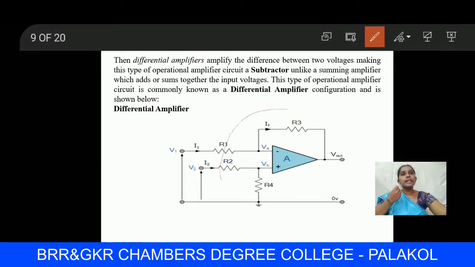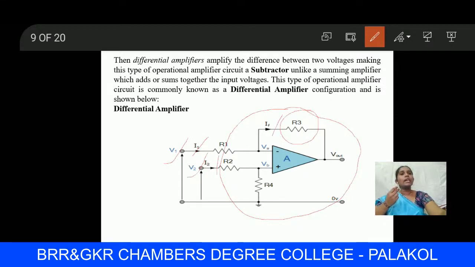Okay, so this is the circuit diagram. In this circuit diagram, we apply input voltage V1 and input voltage V2, and it has a feedback resistance R3. The input currents are I1 and I2, and IF is the feedback current.